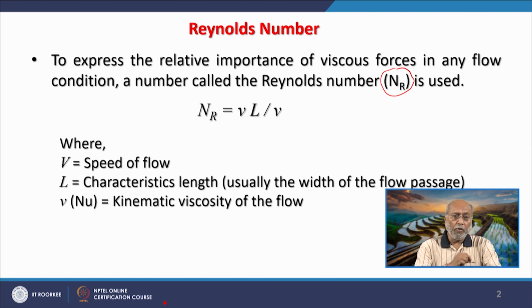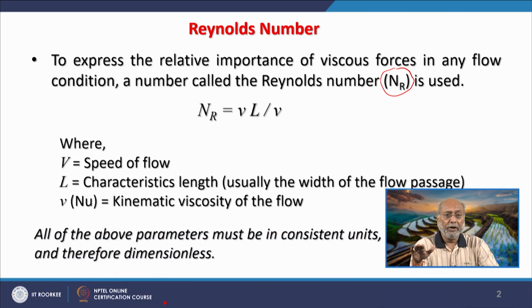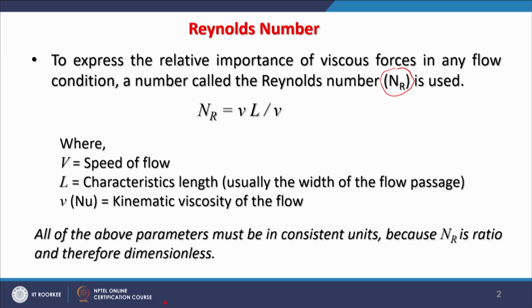Depending on the fluid conditions, if the Reynolds number remains a low value, then most likely we will have laminar flow, and this is what we are going to discuss. So, all the parameters we have discussed are included in this equation, N_R equals V L upon nu, where V is the speed of flow, L is the characteristic length and nu is the kinematic viscosity of the flow.